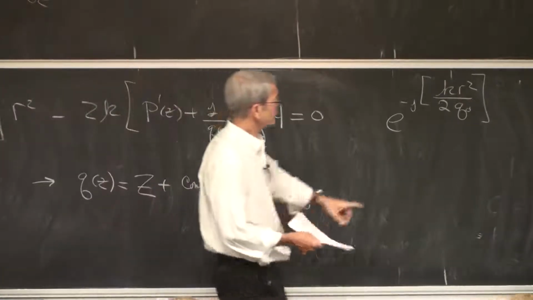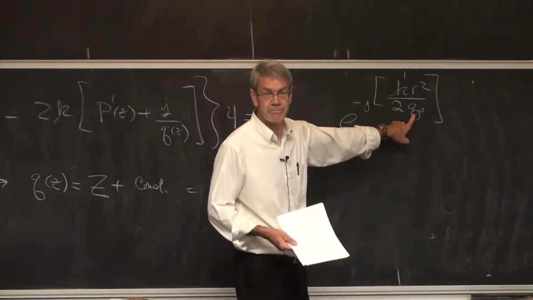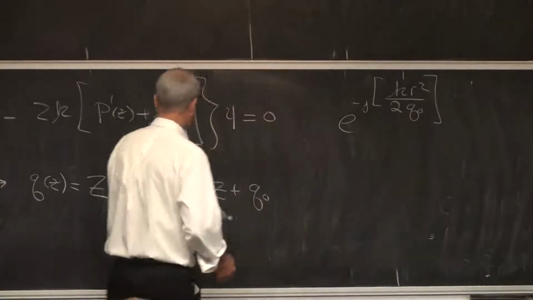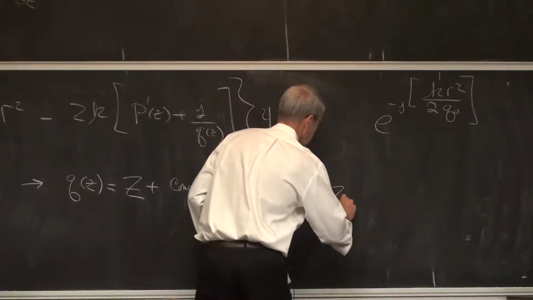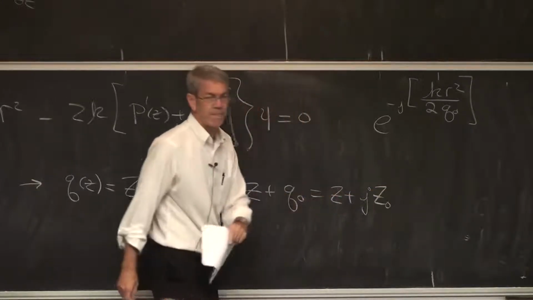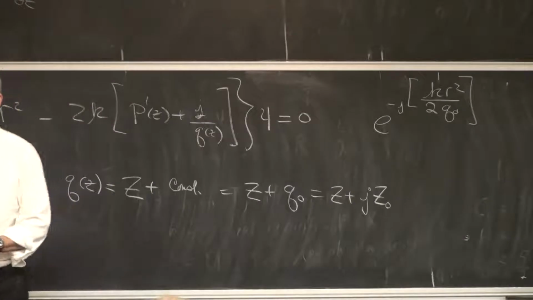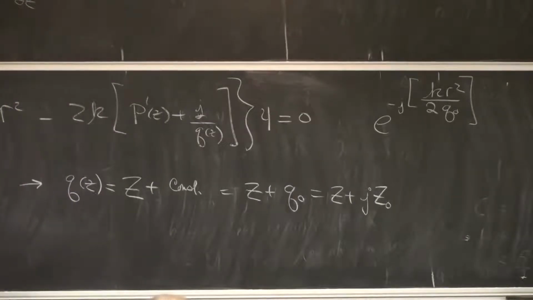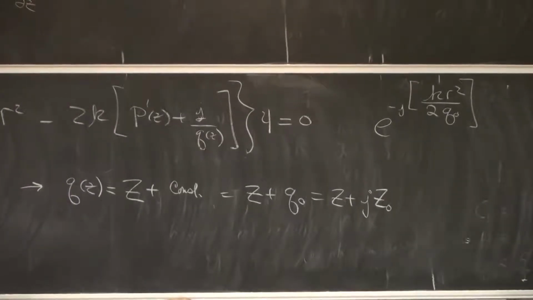So this suggests to me that q naught must be imaginary. And if I let q naught equal some j z naught, so my q has this complex term.